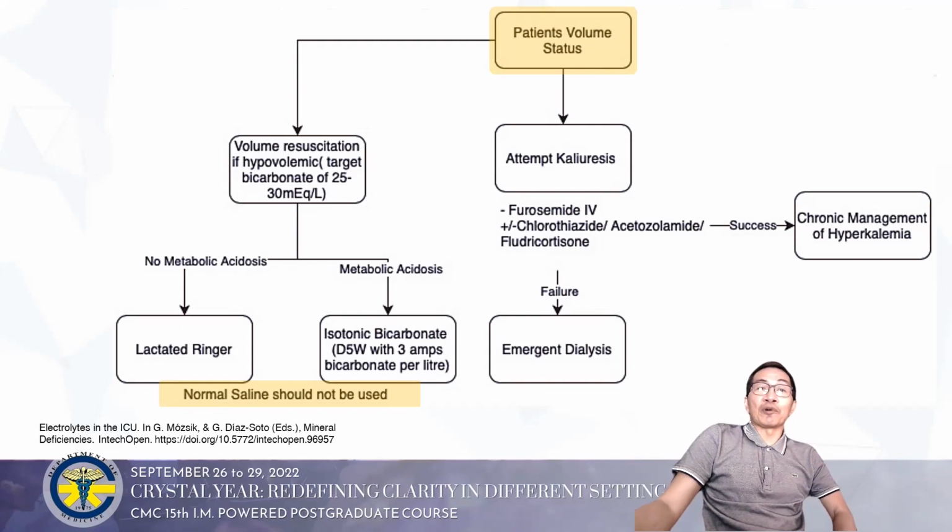In patients with metabolic acidosis who are hypovolemic, you give your isotonic bicarbonate. Normal saline should not be used. You have to attempt kaliuresis as well. You achieve this by way of your IV furosemide. You can combine this with your chlorothiazide. You can use acetazolamide. And if you're successful, then you go to chronic management of your hyperkalemia. Again, if all else fails, that's emergency dialysis.